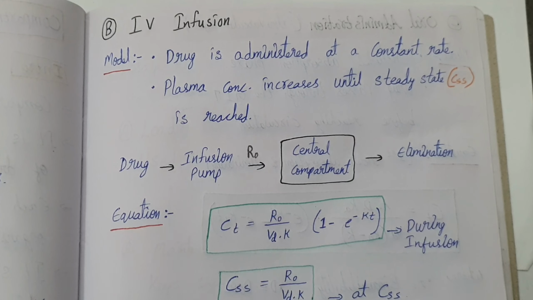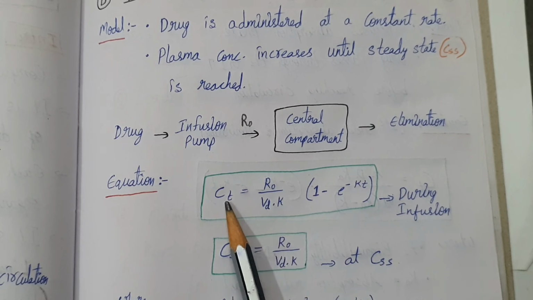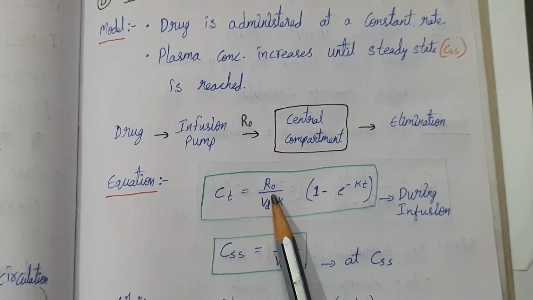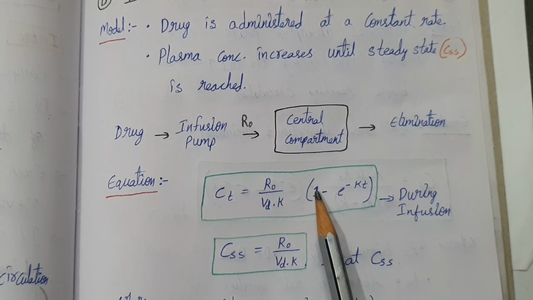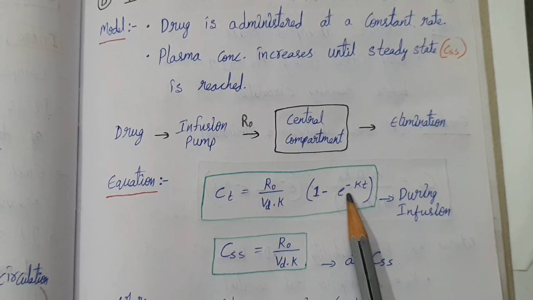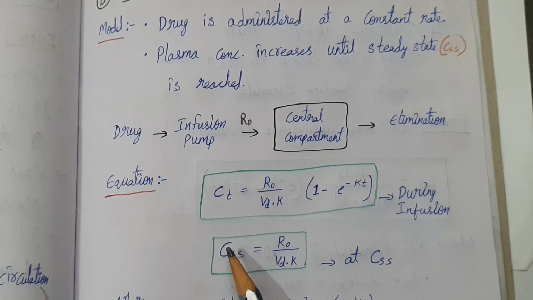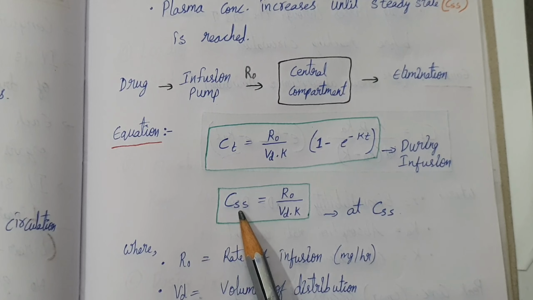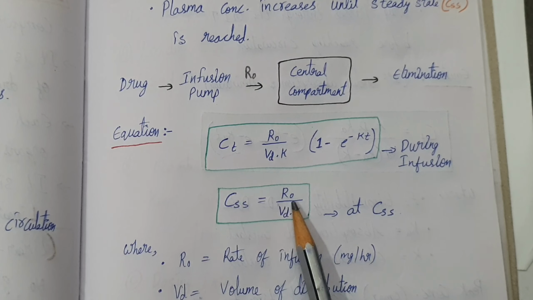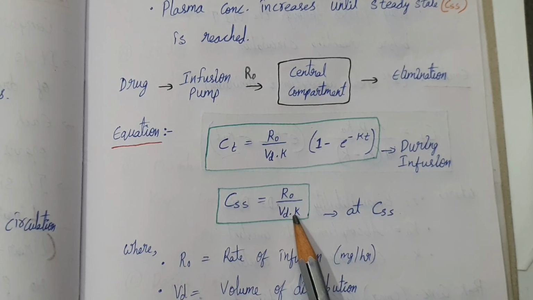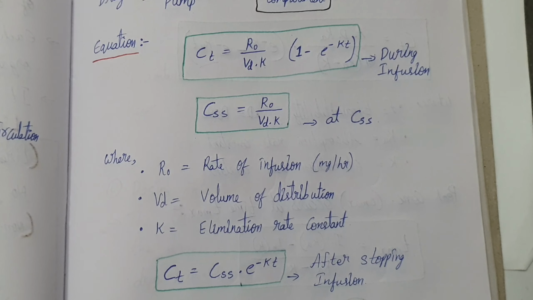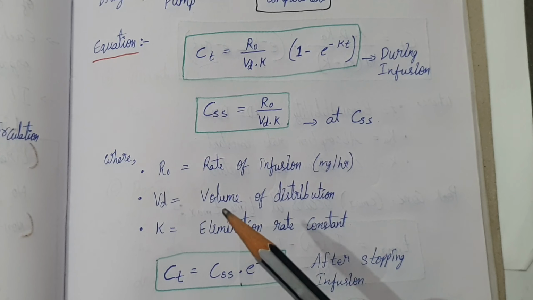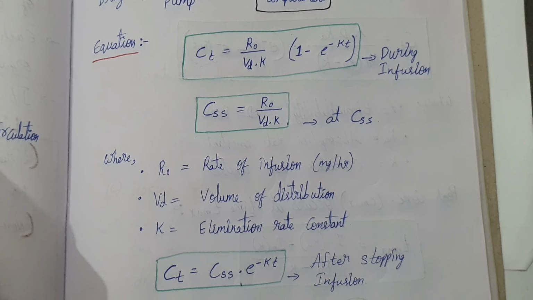The equation during infusion is Ct equals R naught divided by Vd into K, and 1 minus e power minus Kt. Then at steady state, the concentration will be represented as Css. Steady state concentration equals R naught divided by Vd into K. So this tells us the concentration we can expect when the drug is administered continuously.